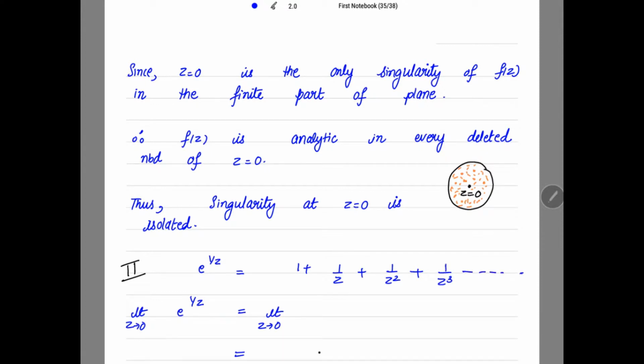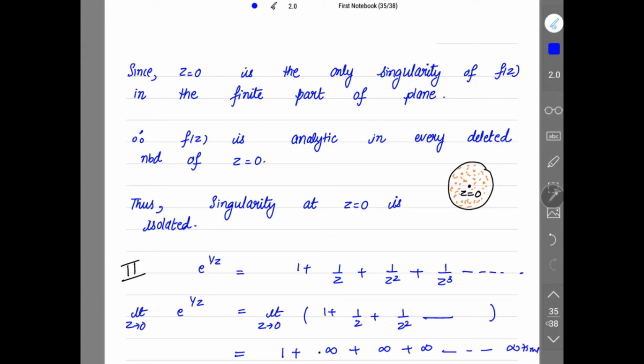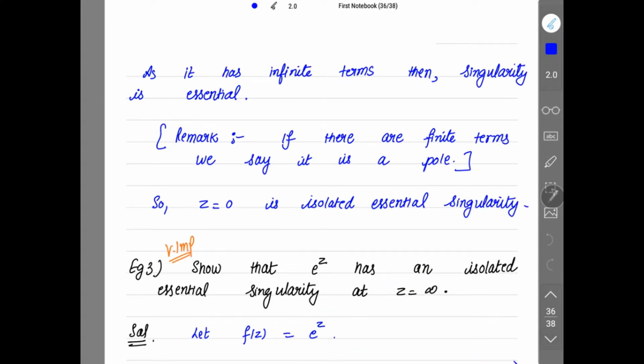Now taking the limit z tends to 0, this is equal to 1 plus infinity plus infinity plus infinity up to infinite times. As it has infinite terms, the singularity is essential. And if there are a finite number of terms, then we say that it is a pole. So z equal to 0 is your isolated essential singularity.